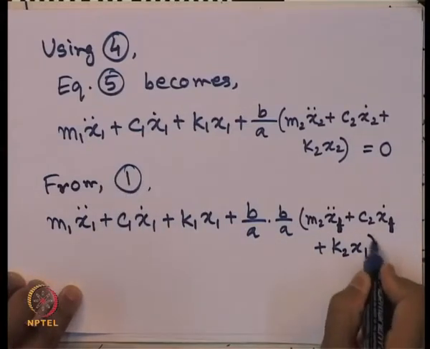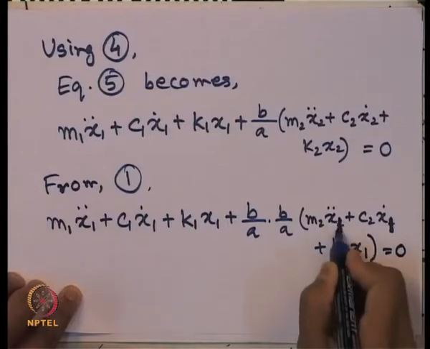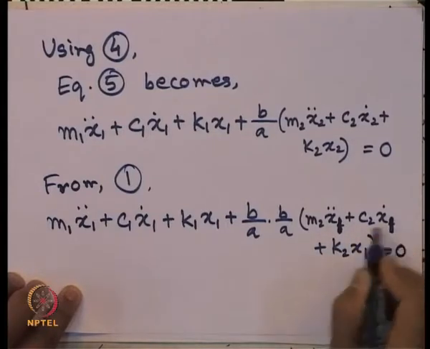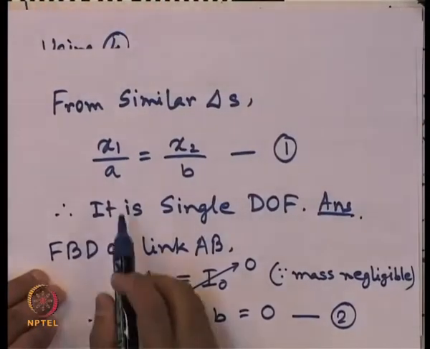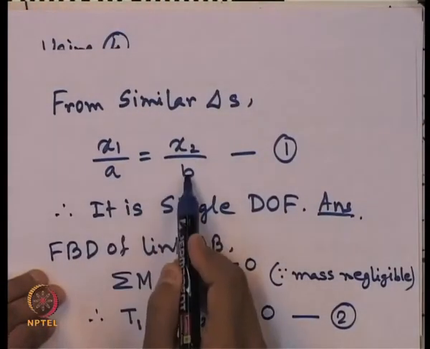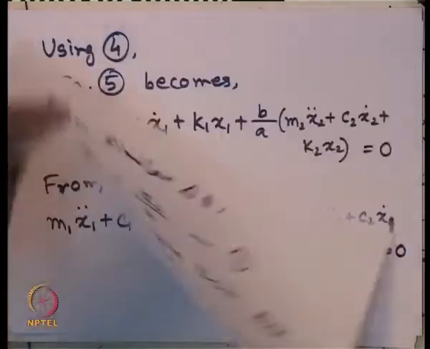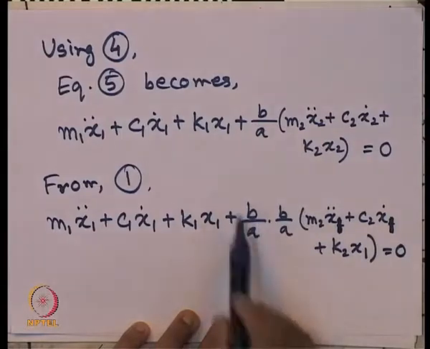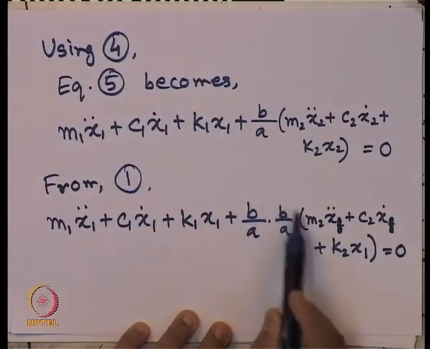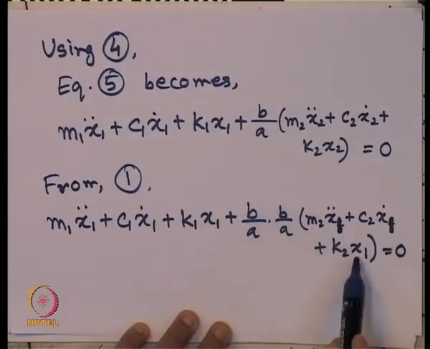So, K2 x1 equals 0. Why? Let us go back again to equation 1. This x2 is nothing but b by a times x1. That is what I am using here. x2 equals b by a times x1. That is why another b by a came out, and this becomes x1.